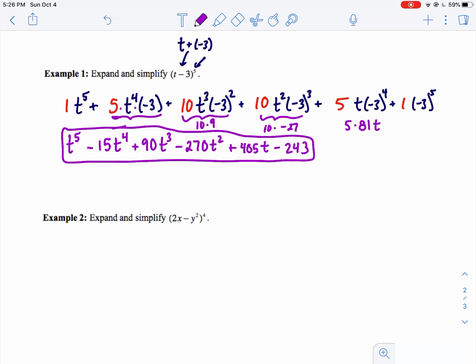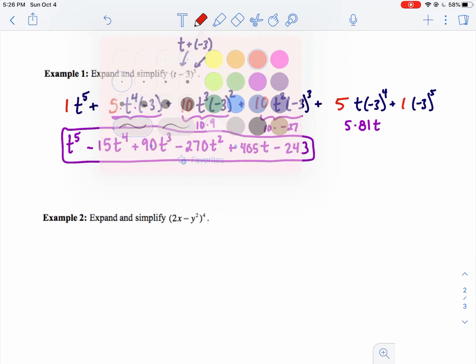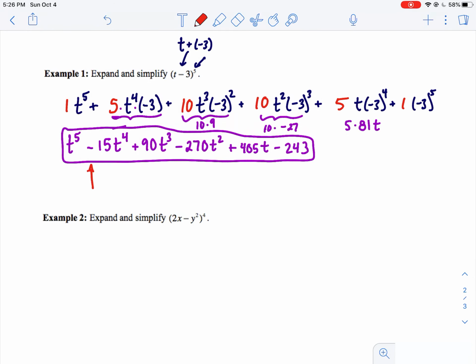The other thing I want to point out here is that notice it went negative, positive, negative, positive, negative. That is because in this problem, it was a subtraction problem at the beginning. If you're subtracting, it is always going to alternate signs. And the reason for that is because the number's going to start out to an odd power, then it'll go even.